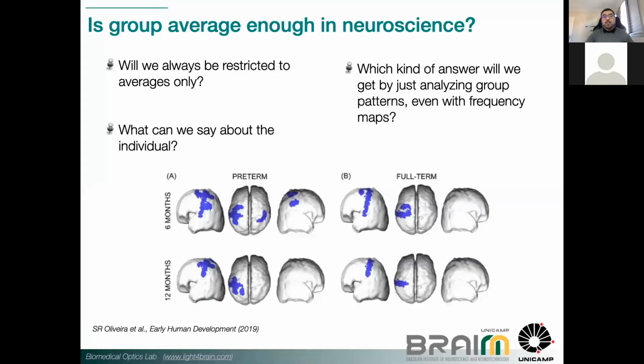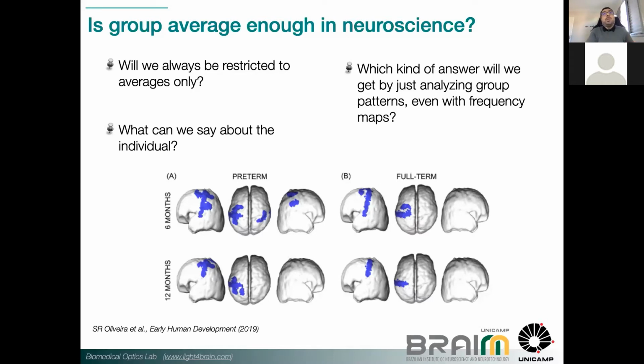One of them is maybe a philosophical question, right, which is related to group averages. Is group average actually enough in neuroscience? For everything that we want to do, is group average enough, right? Comparing groups of people and seeing how their brains are different, knowing that this doesn't really match all the subjects in that group, is that enough, right?